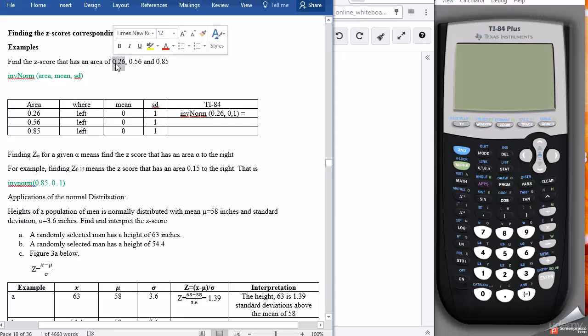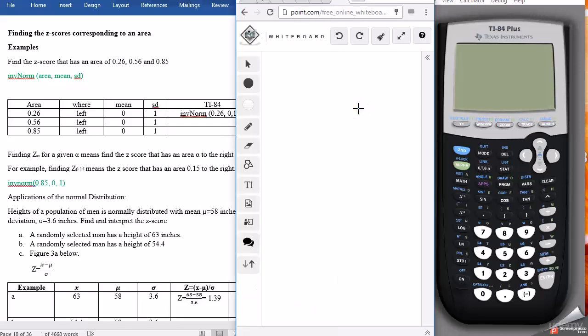If you look at this first one, area of 0.26, you can see that it is less than 0.5, which tells us that it's going to be to the left of the mean. If we have a normal curve like this, you have the mean right here in the middle, and the area to the left of the mean is 50%.